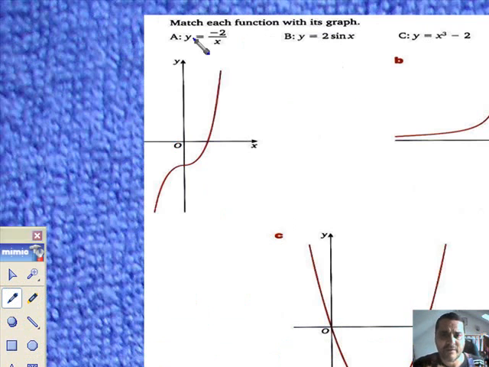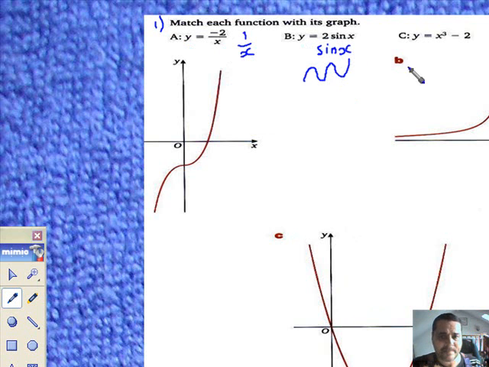So if we look at graph A, this is question 1 by the way, on page 321, it says match each function with its graph. Well, I've got the function or equation y equals minus 2 over x, so it's essentially based upon 1 over x, isn't it? And that's called a reciprocal graph. Here we've got y equals 2 sine x. Essentially we're looking for a sine x type squiggly graph like that.